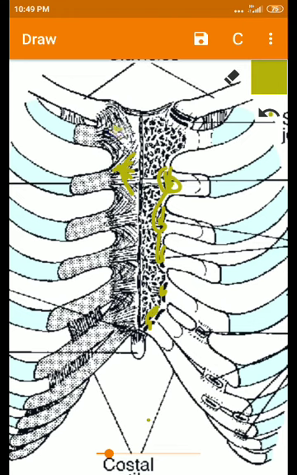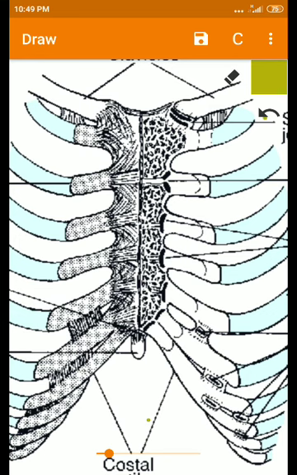This triradiate ligament is seen in all the chondrosternal joints from first to seventh, and also the capsule. The capsule is also giving support to the joint, so the capsule acts as a ligament. So two ligaments: one is the capsular ligament as well as the radiate ligament.